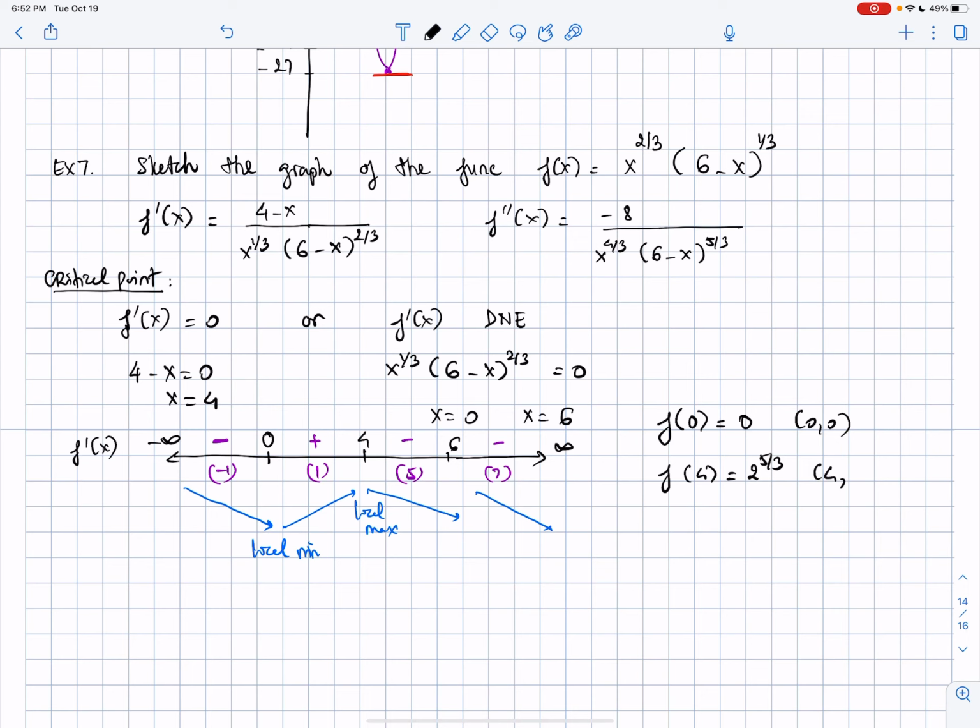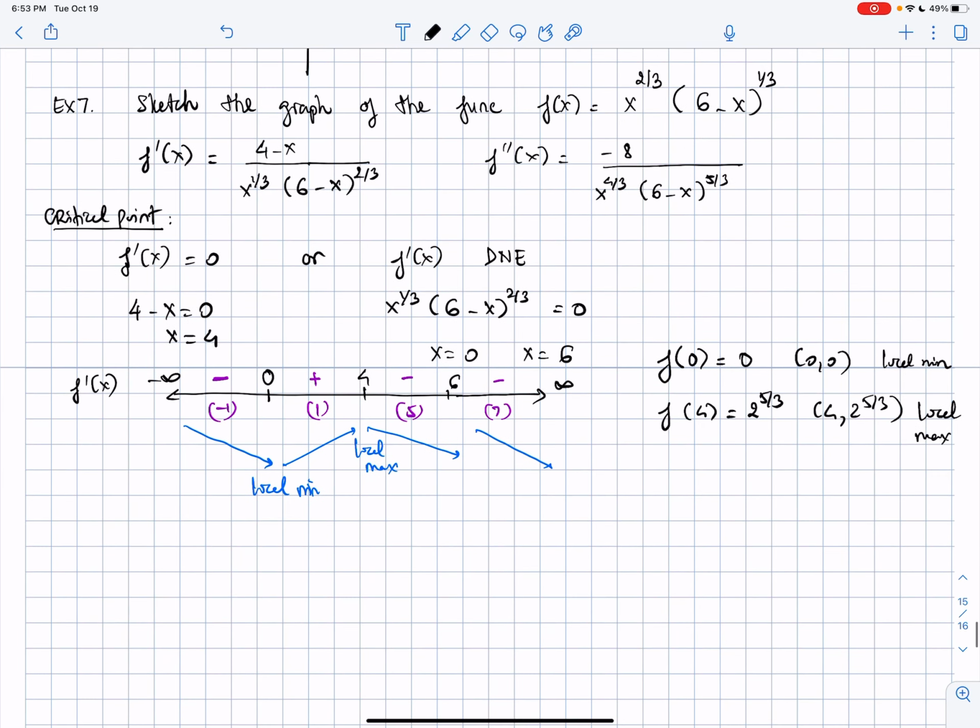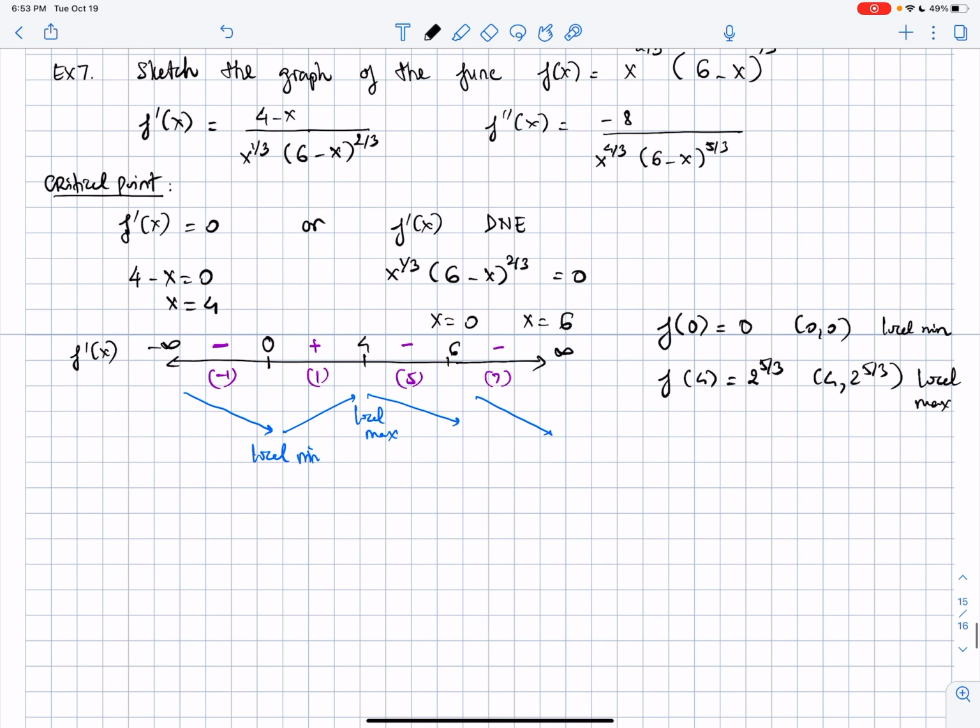So 4 comma 2 to the 5/3. So (0, 0) is the local min, and (4, 2^(5/3)) is the local max. We do not do that for 6 because the sign does not change between the left side of 6 and the right side of 6. So at 6 we do not have a local min or local max.